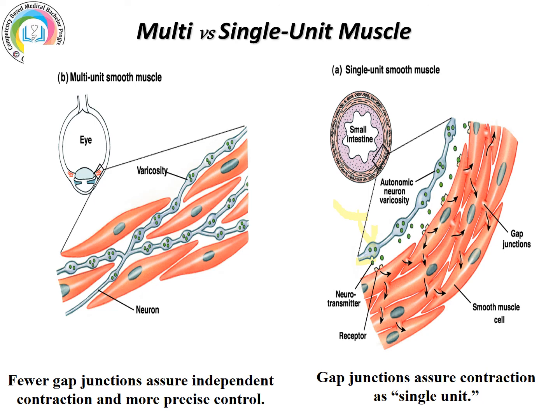We see multi-unit. In the small intestine, on the right of the figure, is it single unit or multi-unit smooth muscle? We see single unit. How do you know it? By the gap junctions between the muscle fibers.